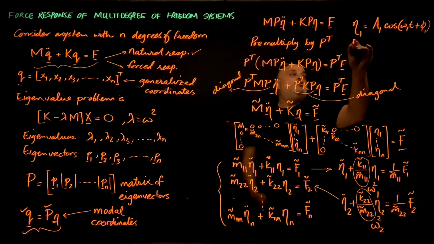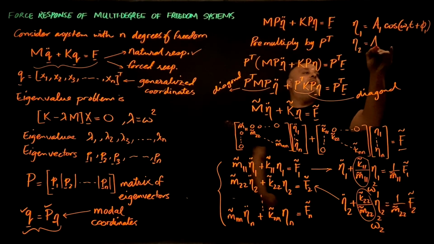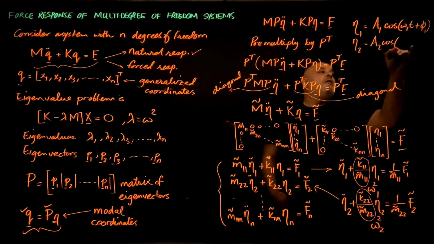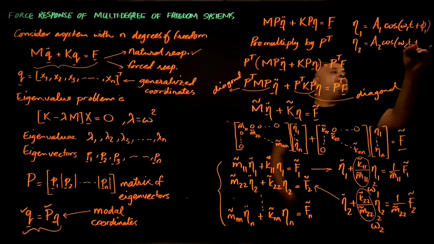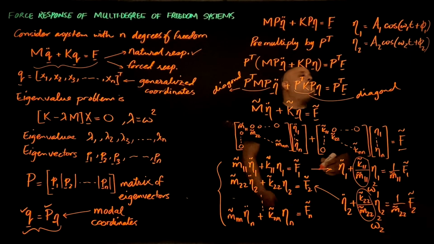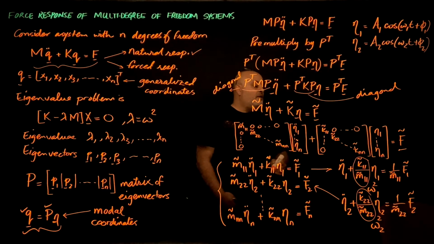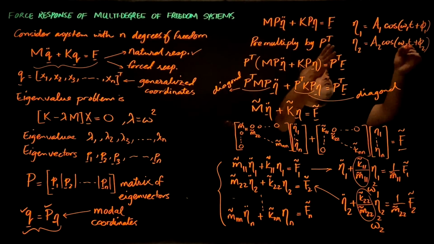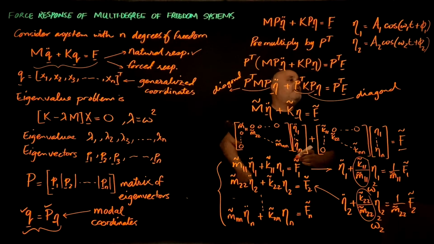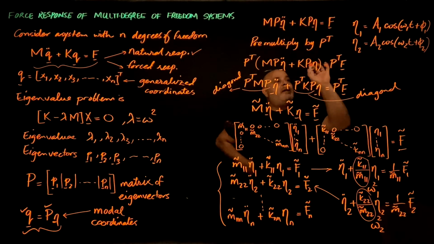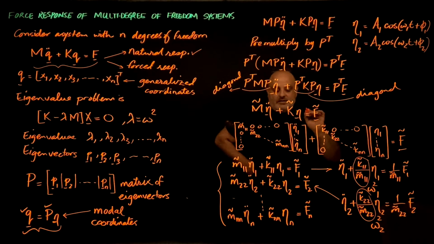And eta 2 will be A2 cosine omega 2 t plus phi 2. That's for the homogeneous or natural response. So each one of these variables has one frequency, one mode of vibration.